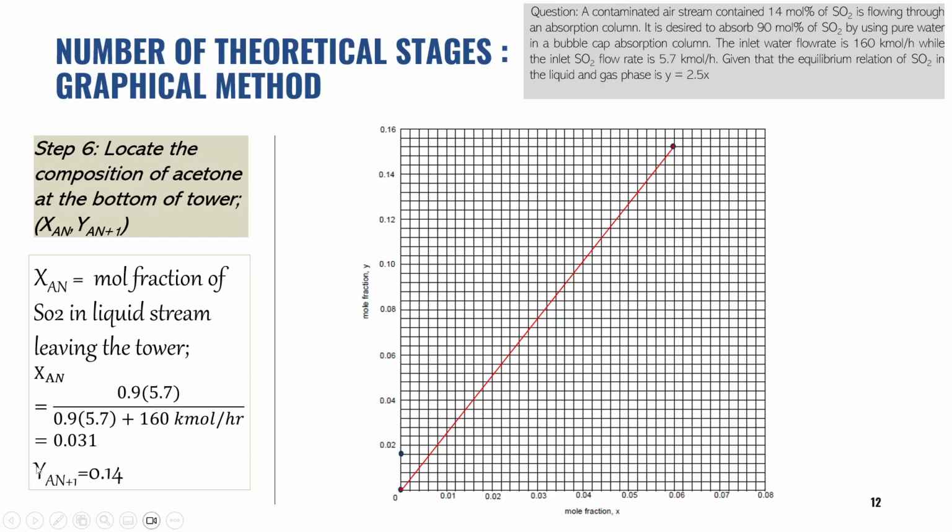And we know that the initial composition of SO2 is 0.14. So we need to locate this coordinate: x equals 0.031 and y equals 0.14. And we just draw a straight line, given that the addition of the flow rate is not much, and these two points will give us a straight line.